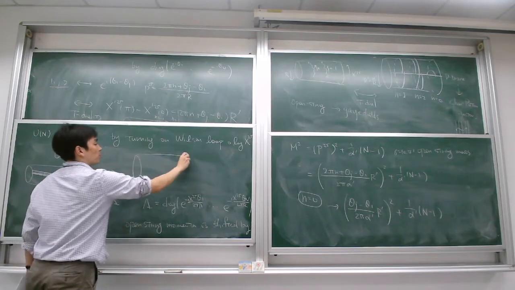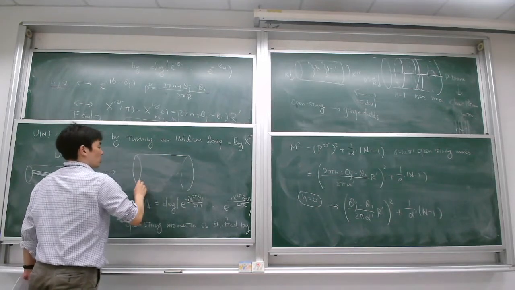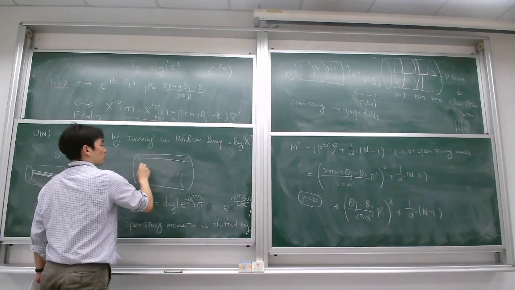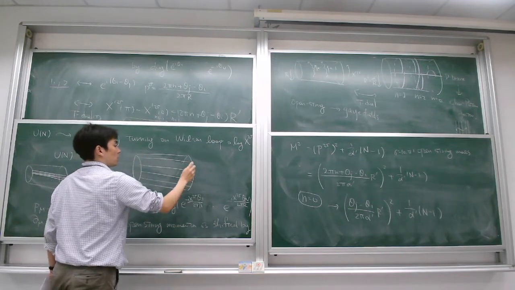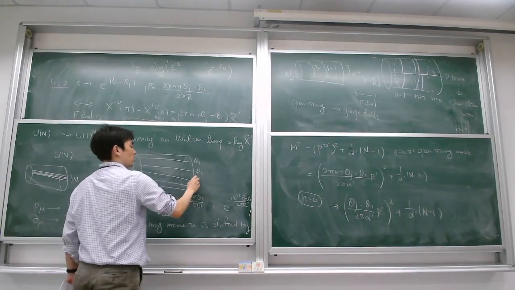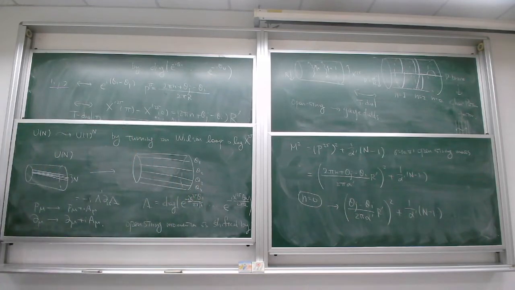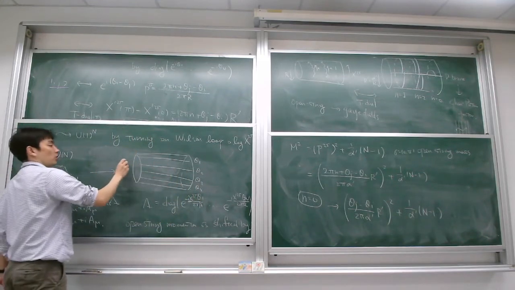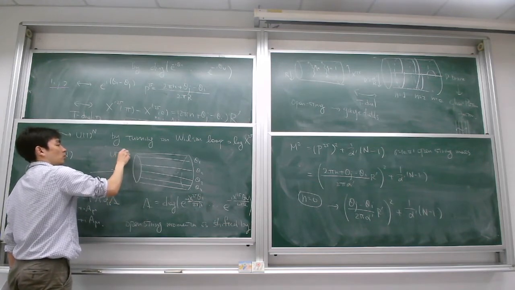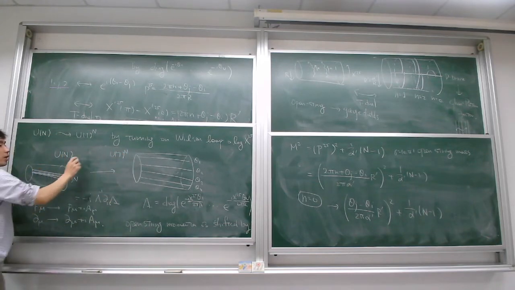If you look at the theta picture, it becomes N D-branes at theta 1, theta 2, theta 3, theta 4, and so on. And that will give you only U(1) to the N. That's the Higgs mechanism I told you last time.